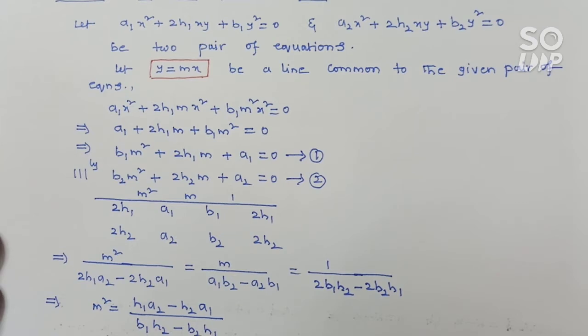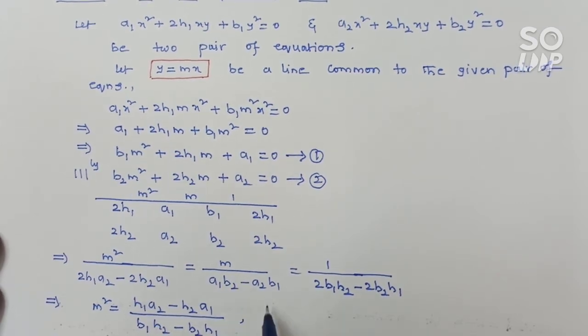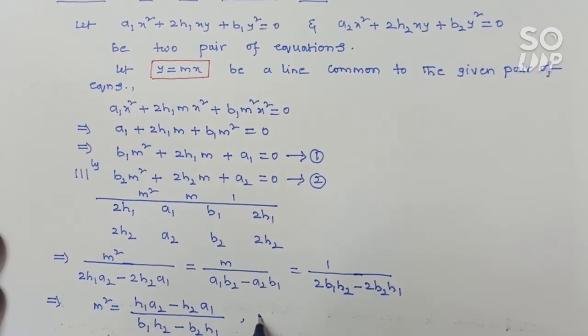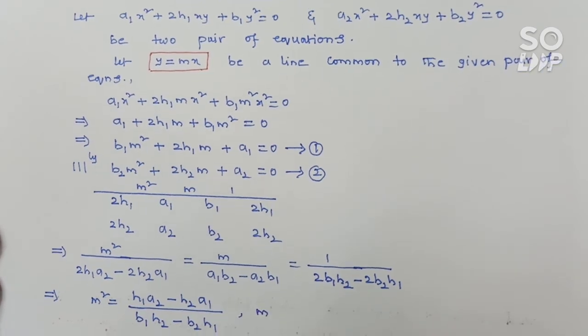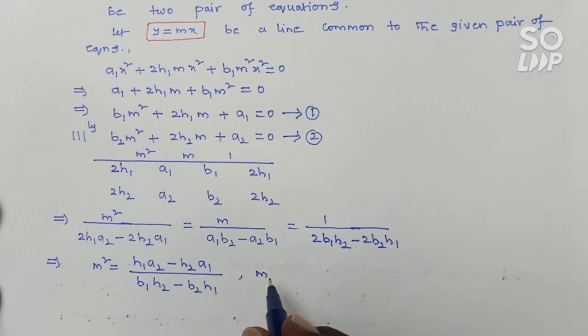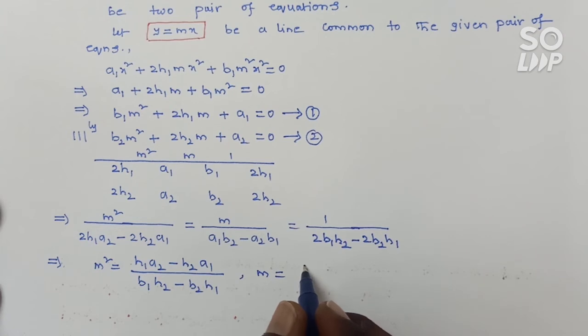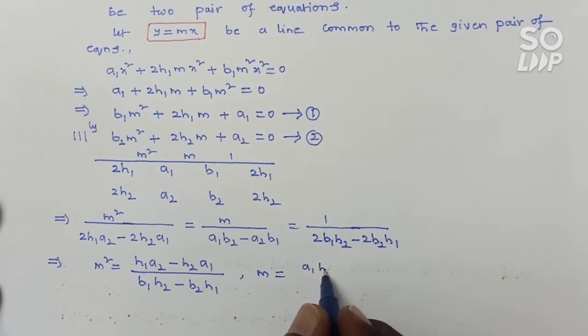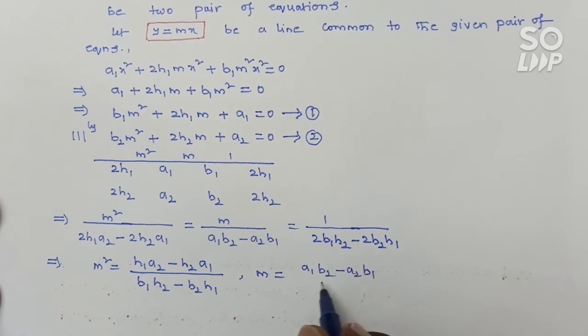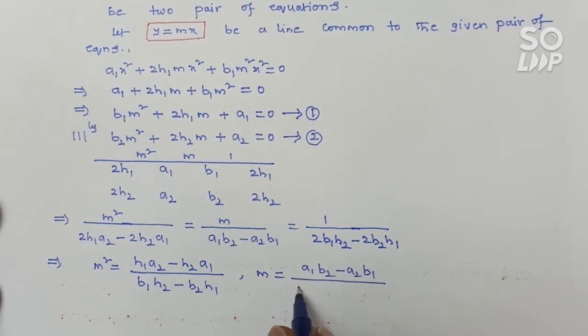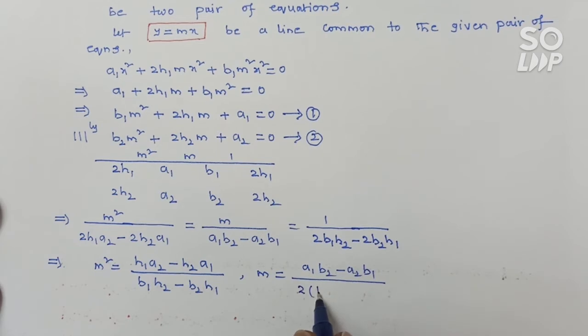This is the m square value, and the m value, by equating the second and third ratio, is m equals A1 into B2 minus A2 into B1 whole divided by 2 into B1 into H2 minus B2 into H1.